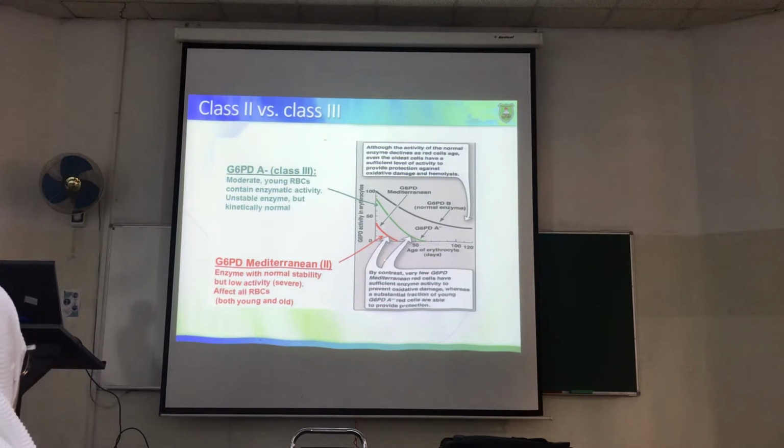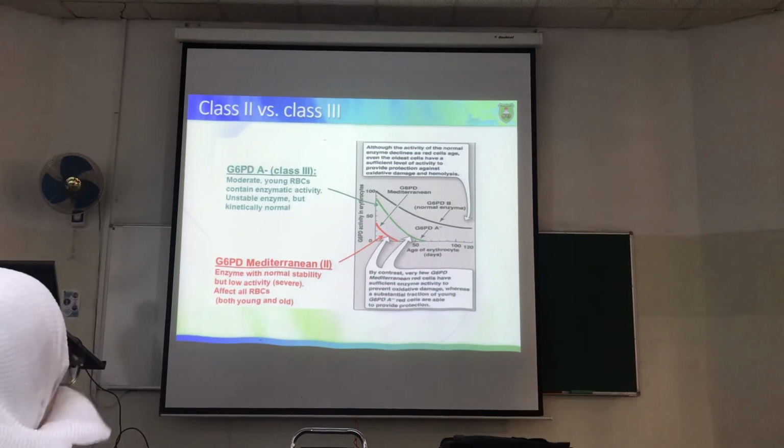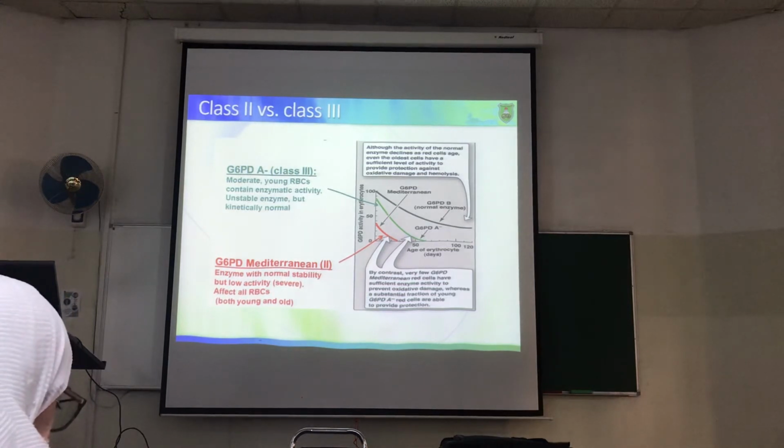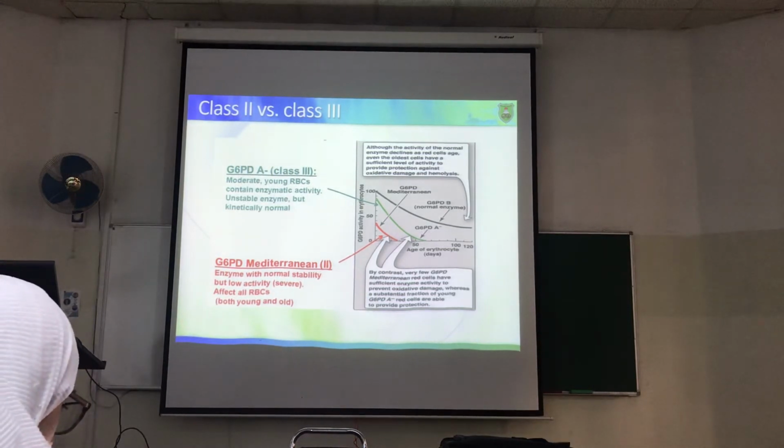And it gets more serious with increasing age. The reason is that, for some reason, the G6PD enzyme level is reduced as we age. So eventually this person would be really affected in mid-age.